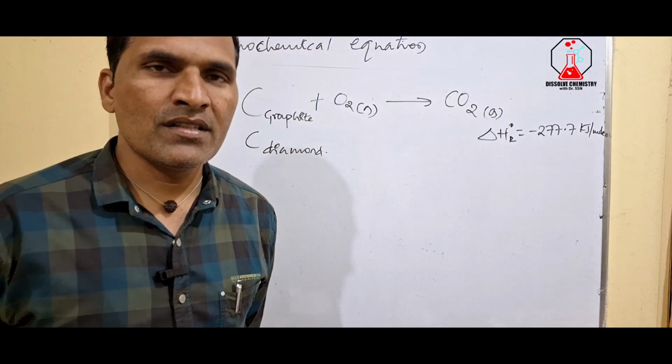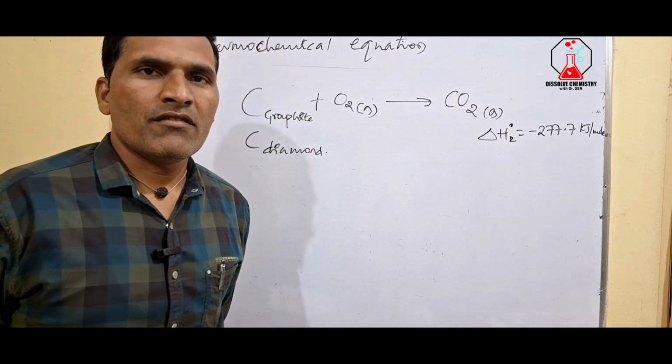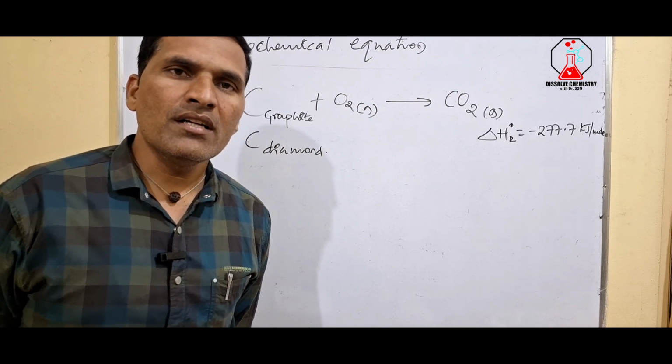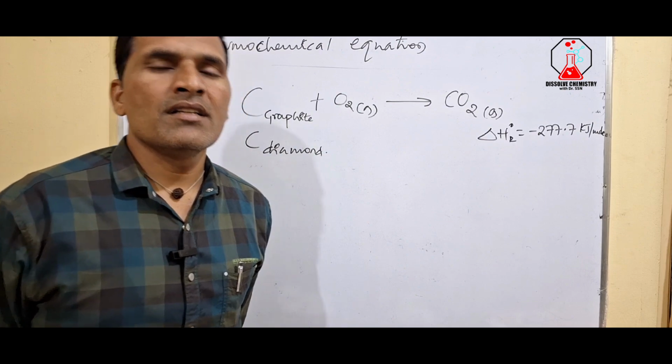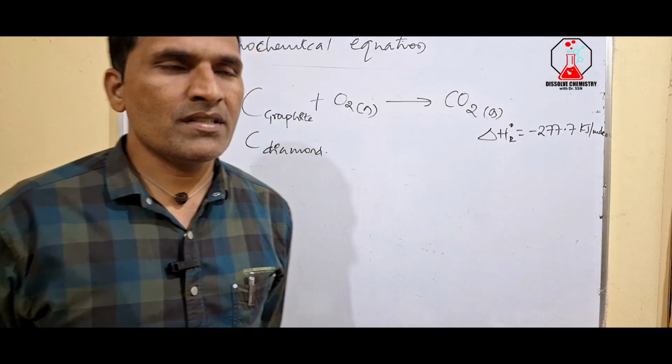How do we define this? A balanced chemical equation where the physical states of the reactants and products are mentioned along with the change in enthalpy of the reaction, that we call a thermochemical equation. See here.